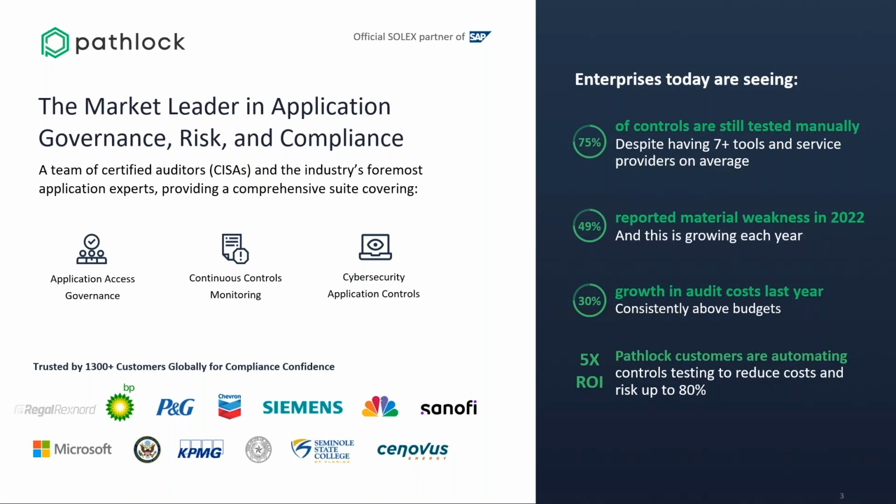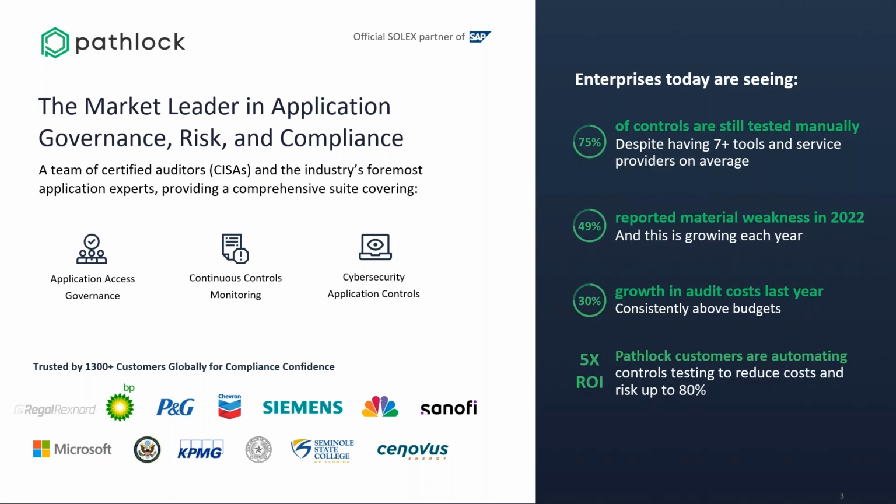You'd be surprised by that percentage, but that's what we came up with in our research. The second thing is that a lot of companies are reporting material weakness, because if you're testing manually, you are prone to errors, and this spirals down to material weakness. The third, and most important, thing is the audit cost.